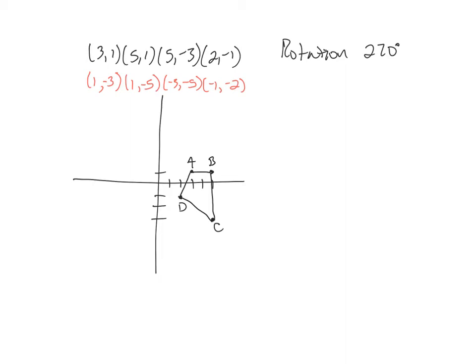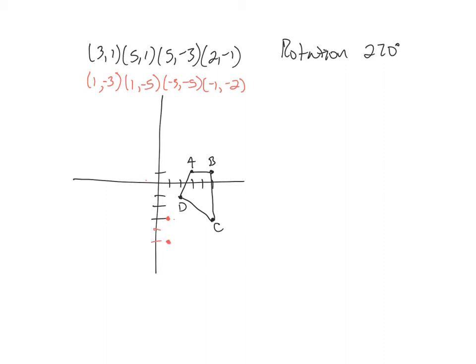So if you remember, each quadrant, this one's kind of different because it has some in this top quadrant, quadrant number 1, and it goes counterclockwise. So D and C are in quadrant 4. So A and B should go 1, 2, 3, and end up where the D and the C are. And the D and the C should go 1, 2, 3, and end up in the quadrant to the left. So 1, negative 3, 1, negative 5.